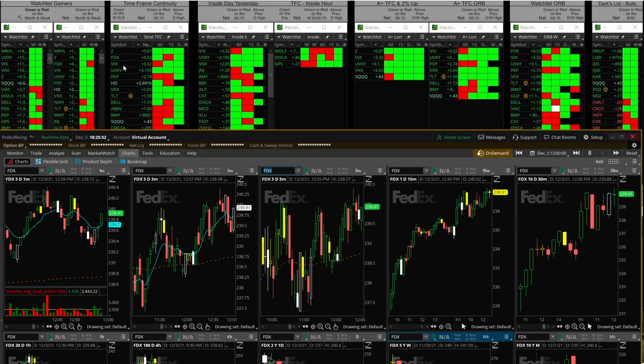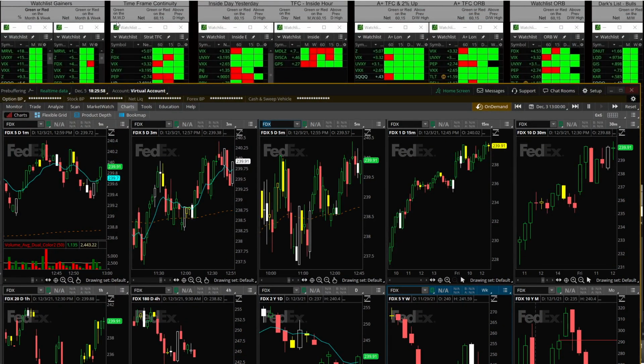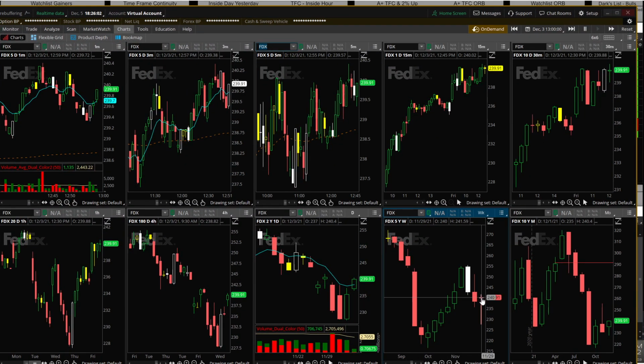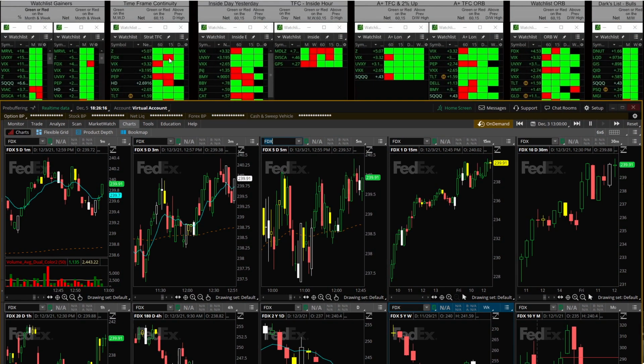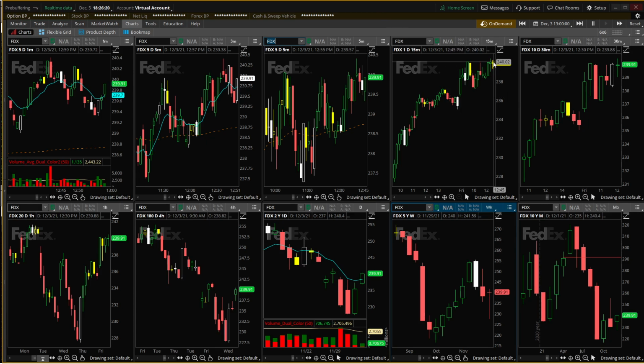And this is an example of where the scan might have got caught in between, because it did show here green on the week to show up on this scan, but it's actually red. But if you look at it, it's a matter of just a few cents here. So this probably went red in between the time that the scan updated. Okay, but it did show red on the 15-minute, which is right here. And if you look at the 15-minute, we're red on the 15-minute.